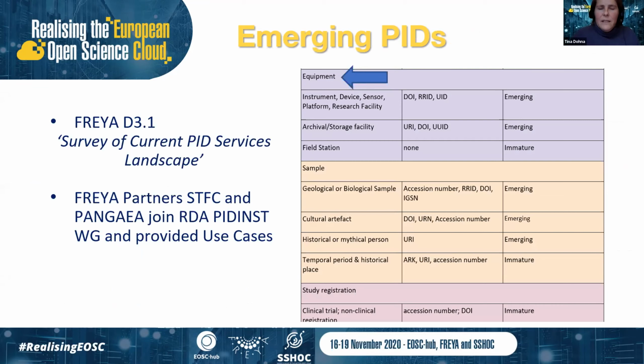The instrument PIDs was an emerging PID through this RDA interest groups work also. So Pangea and STFC, which is also a partner on FREYA, joined the group, and we provided a use case each to this group.